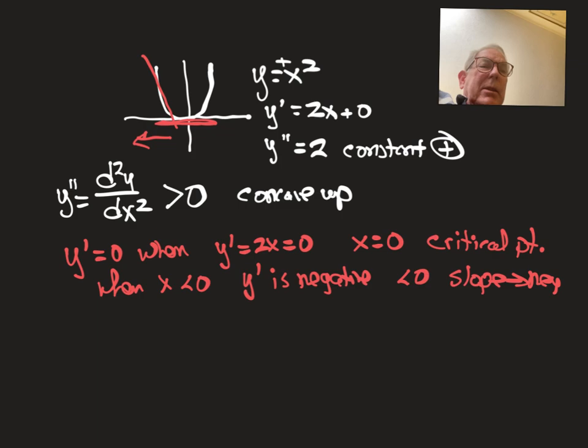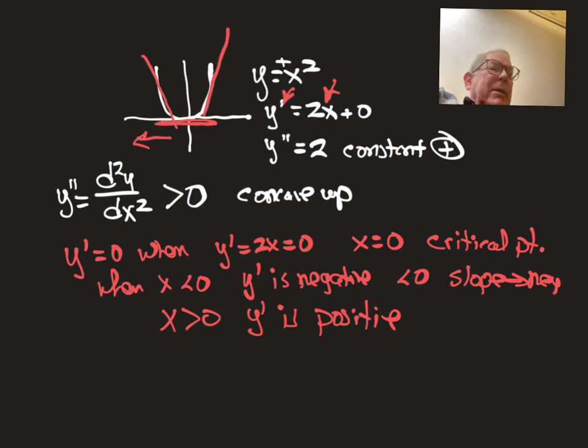When x is greater than 0, y prime is positive, right? You plug in any positive number there, you're going to get a positive number there, and the slope is positive. So therefore, x equals 0 is a minimum.